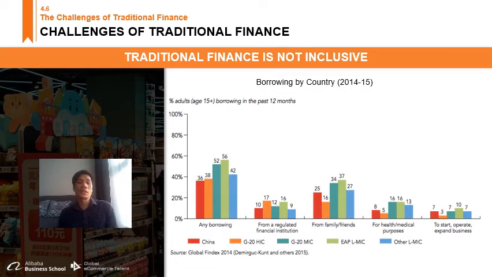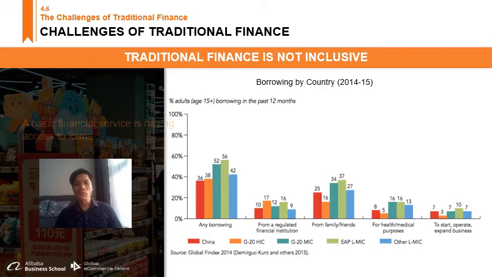Now, traditional finance is also not inclusive when we look at borrowing in each of these countries. This graph shows you the comparison of borrowing in different sectors, like regulated financial institutions, family and friends, health, and also startup and business, which is quite the lowest. It compares China with the G20 high income earners, the G20 middle income earners, and the Eastern Partnership low middle income earners, like Azerbaijan, Moldova, and the other states that belong to that region.